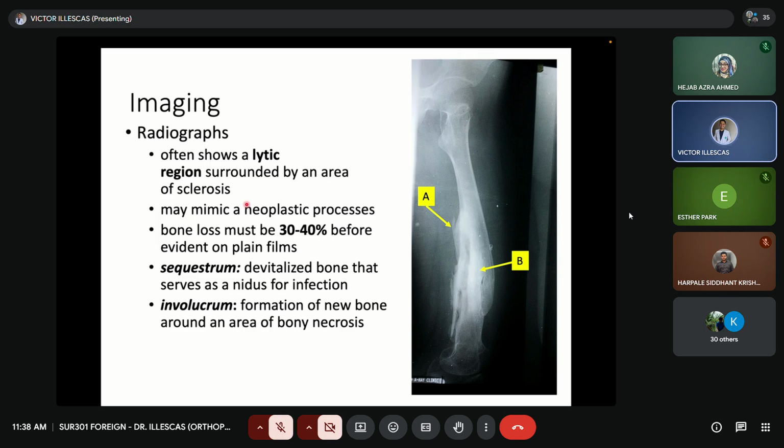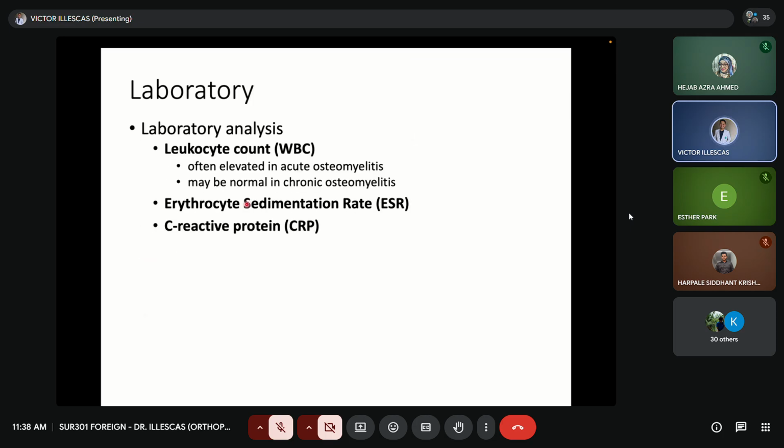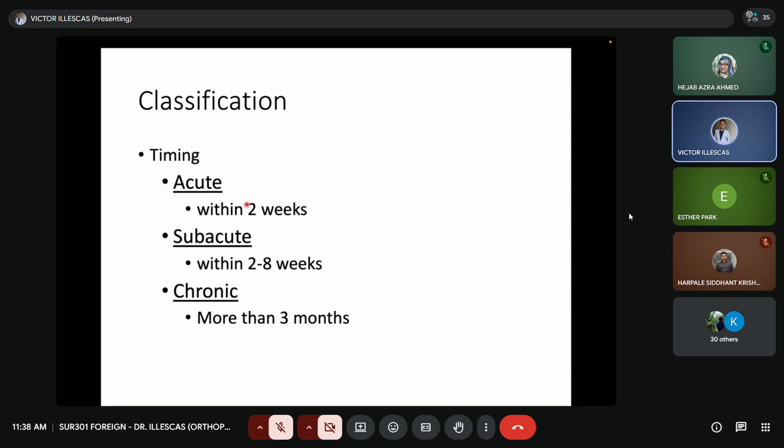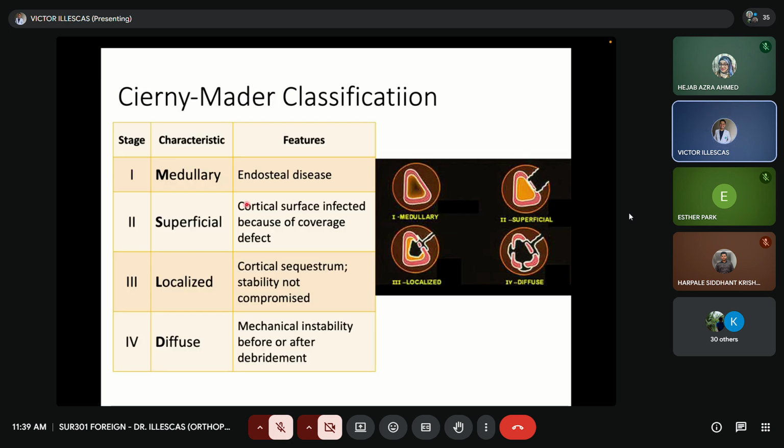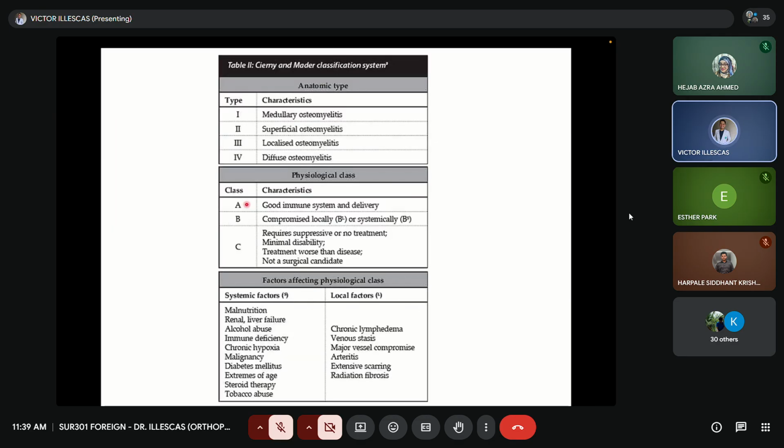Are all the cortices affected? So you may consider this as a 3 or 4, no? So one cortex is still affected. Knowing that the patient has no comorbidities, so you may consider this as a 3A or 4A. Okay?